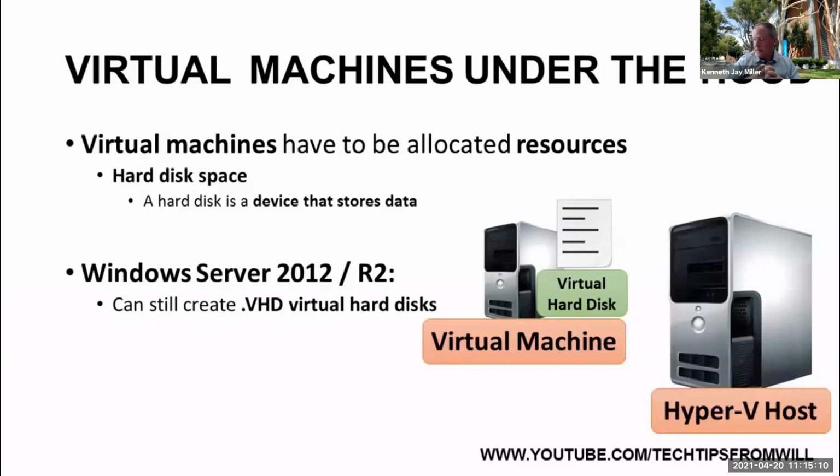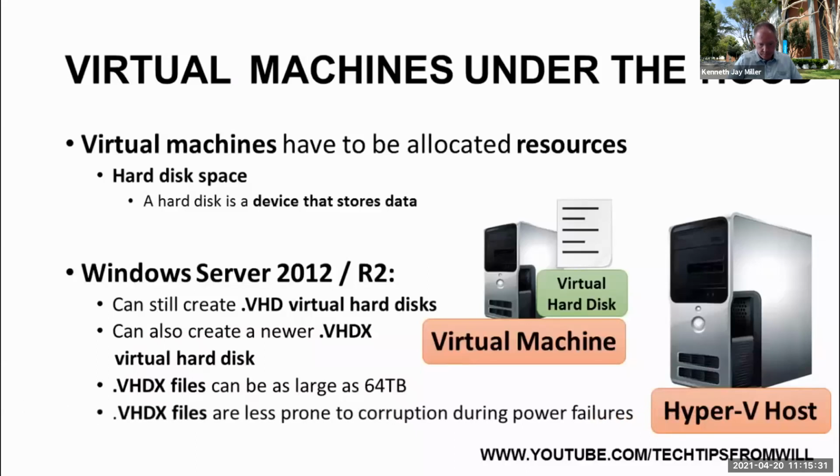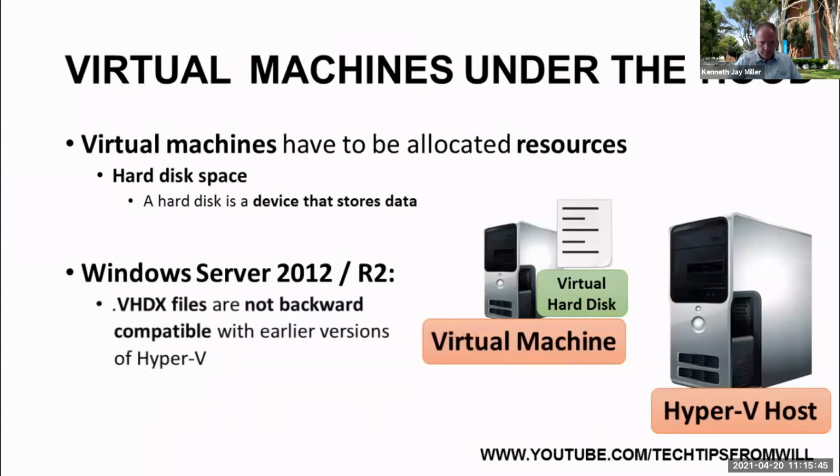However, they also allow you to create a newer .vhdx format of virtual hard disk. Virtual hard disks that use the newer .vhdx format can be as large as 64 terabytes. Also, in the event of power outages, .vhdx virtual hard disks are less likely to become damaged or corrupted than the older .vhd format. The only drawback to using .vhdx files is that they are not backward compatible with earlier versions of Hyper-V.